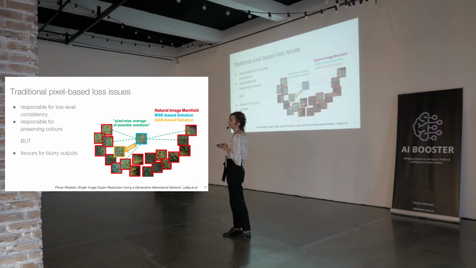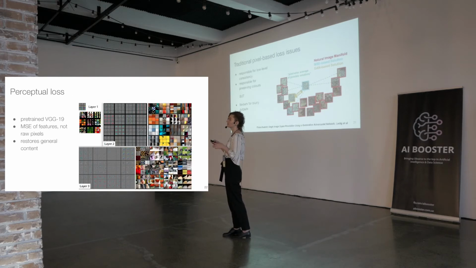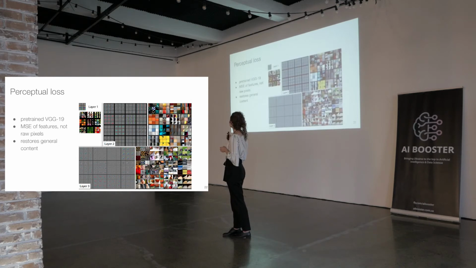But it's usually not enough, and you want to exploit something more. You still can add pixel-wise losses if you want to save your color consistency and other stuff, and just generic information about the intensities of pixels in your picture. And you can add a GAN objective to have fine details, but you'd also like to have some semantic information, like what's going on in your image, and that's where perceptual losses come into play.